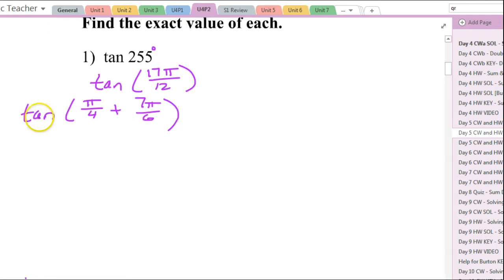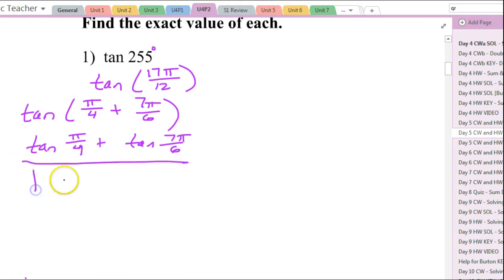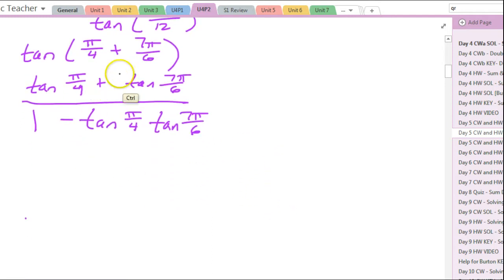So if I apply that formula to this, then I have tangent pi over 4 plus tangent 7 pi over 6 over 1 minus tangent pi over 4 tangent 7 pi over 6. Okay, now tangent of pi over 4, that's 1. That's just one of those values that we've memorized. Tangent of pi over 4 is 1.